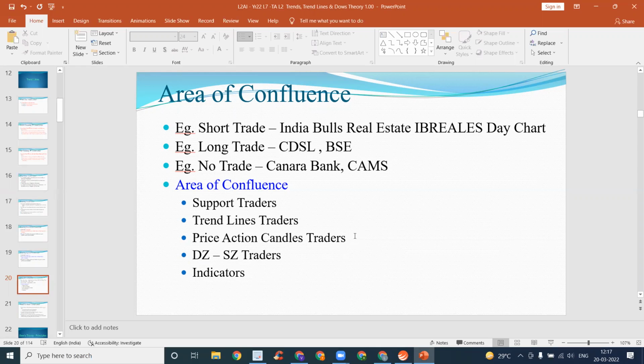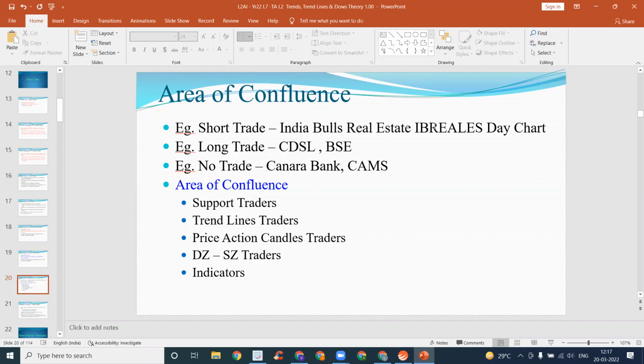I will look at the trend lines where my trend line traders are there. I will look at the price action, where traders trade on the basis of price action candles, and I will look at the demand zone and supply zone traders. So all these things if I see together, even if I get 3 out of 5 properly, at least 3 should be there, then I will be sure about my position.